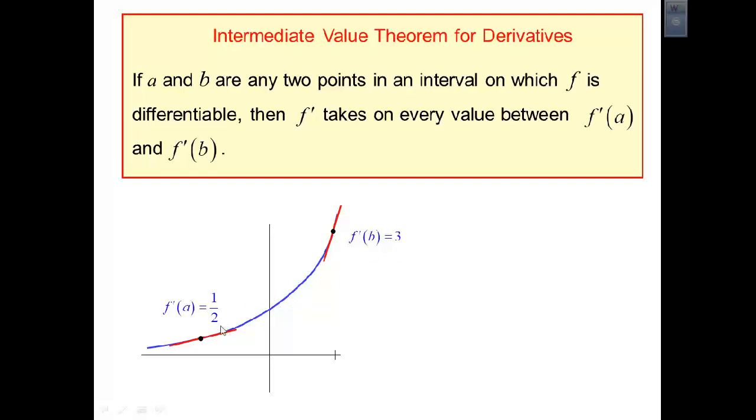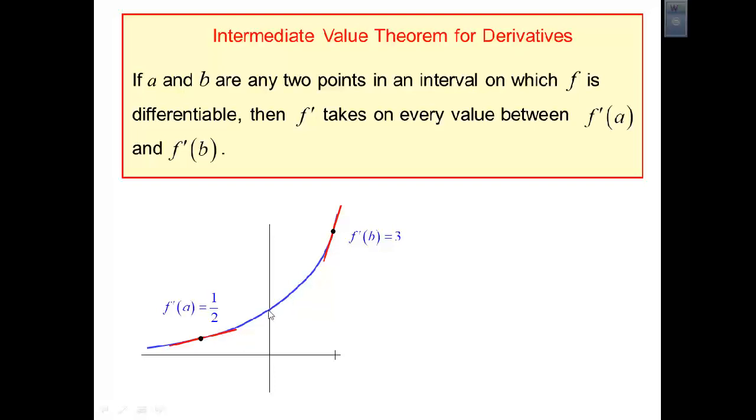It doesn't have to be this simple. It could go up and down and all kinds of craziness like that, but it's still going to have every value between 1/2 and 3. It'll have some extra values in there also, but it will have every value between 1/2 and 3.